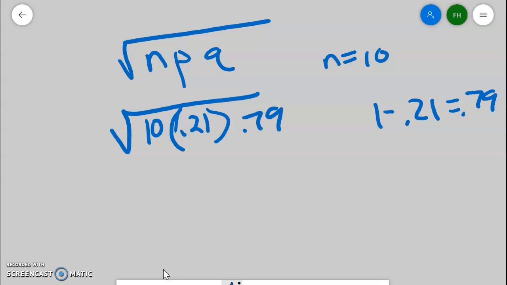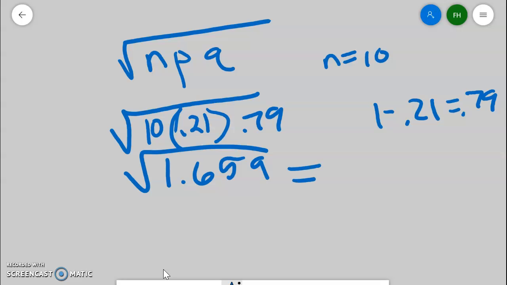You can do 10 times 0.21 times 0.79, and you'll get 1.659. So take the square root of that, and I get 1.2880.